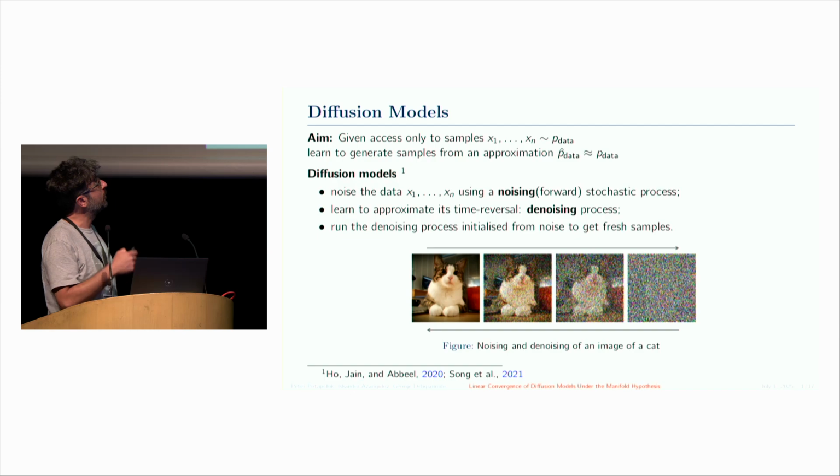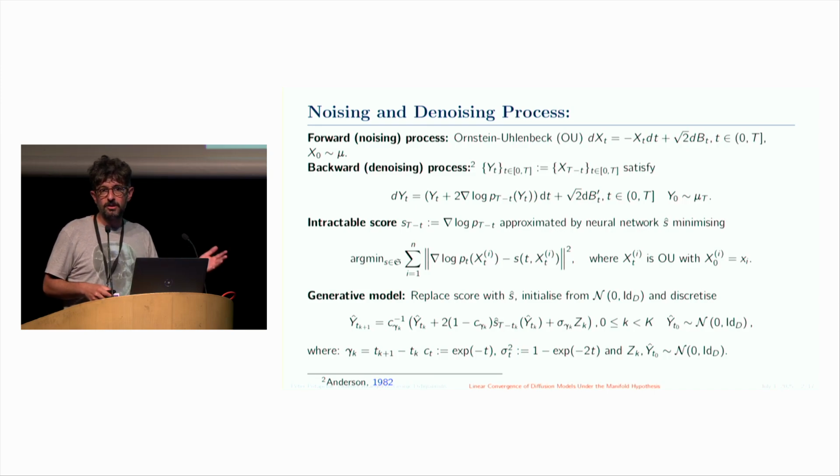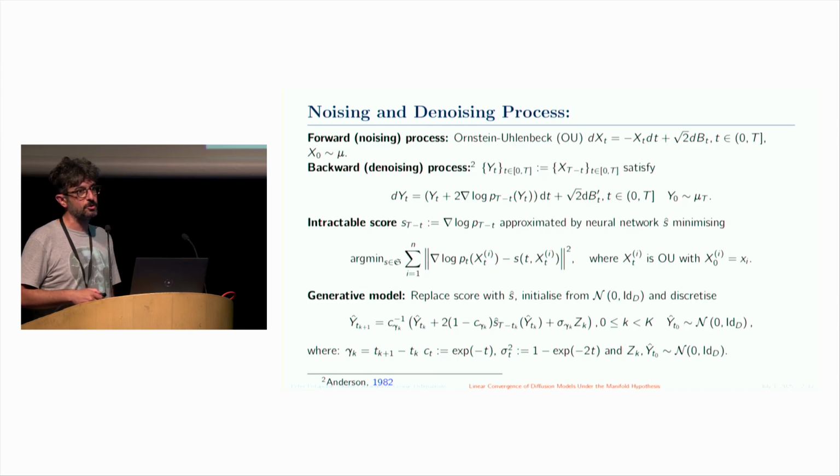Obviously we already had an introduction, so I'm going to skip this, but the idea is generative modeling: we've got access to data from a distribution and we want to learn to sample from an approximation of that distribution. There are often a couple of choices to make in the forward process, the noising process, so people typically use either the Ornstein-Uhlenbeck process or just Brownian motion.